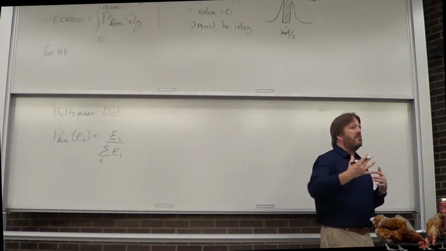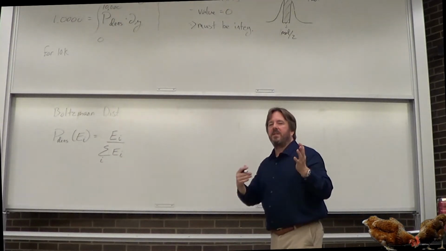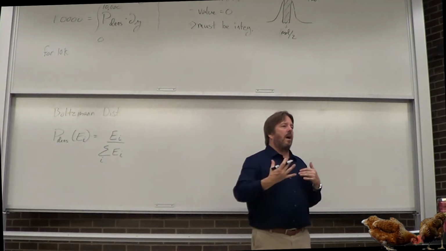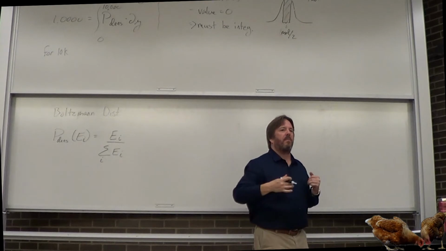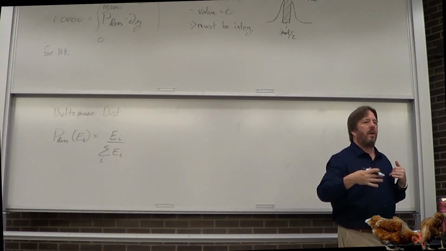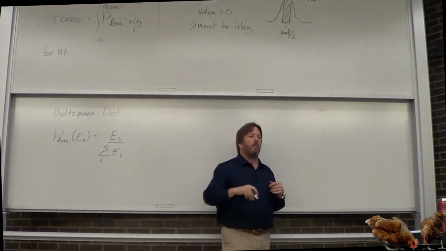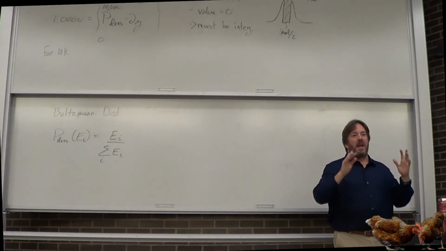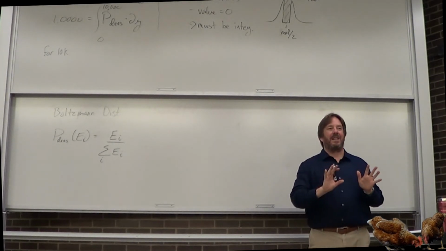It would be the energy divided by all possible energies. That would be the answer. Just like 2 heads was 1 out of 4 possibilities. 25%. 2 coins, 2 heads, 25%, because that's 1 result out of a possible 4. That's how coins work. That is not how nature deals energy.